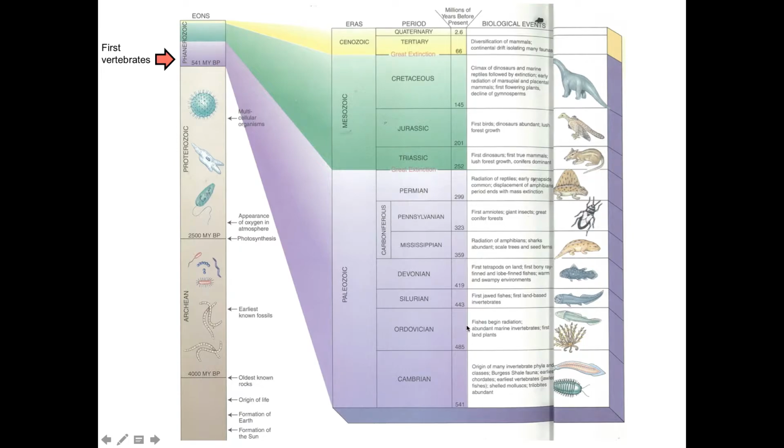There was some evidence, or fossil evidence, of land plants in this part of the Paleozoic era, 450 million years ago. But vertebrates arrived on the scene a little bit earlier than that. The first vertebrates apparently evolved around 525 million years ago, in the Cambrian period of the Paleozoic era.